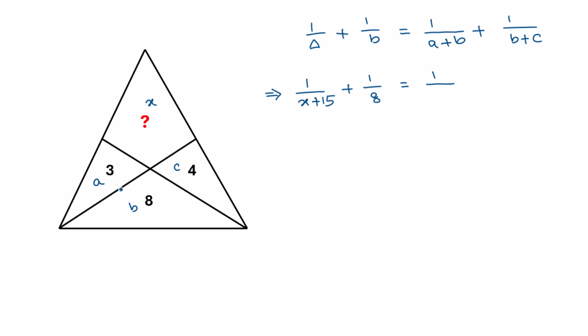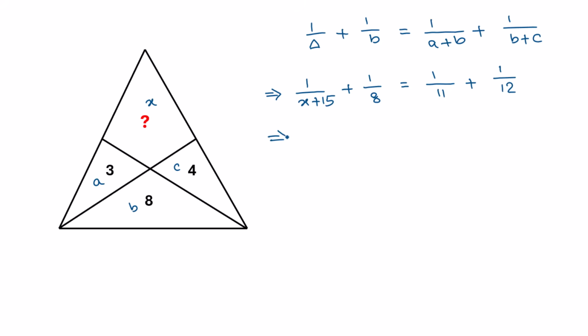So A plus B is 3 plus 8, that means 11, plus 1 over B plus C. B is 8 and C is 4. So B plus C is 8 plus 4, that means 12.